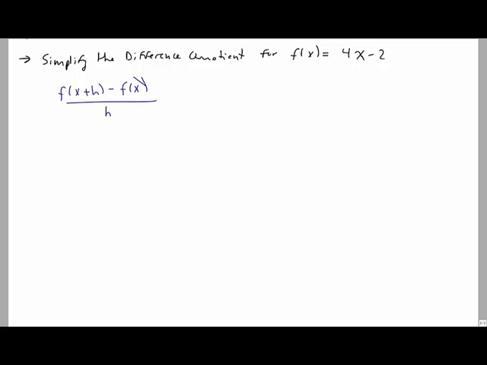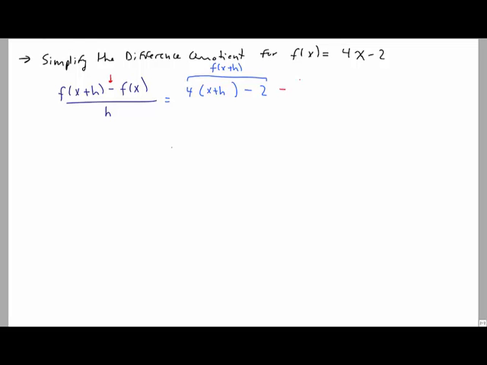So when we're working with something like this, f of x plus h means to come up here, and everywhere that I see an x, I'm going to put in my x plus h. So this is f of x plus h. Now my minus sign comes from my original expression.